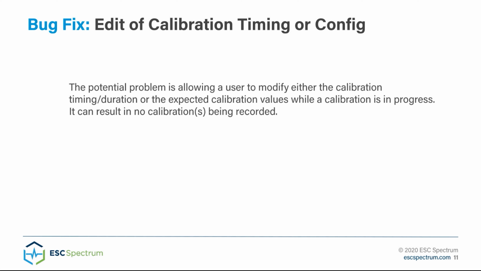And so there's a potential where you will not end up actually recording the calibration because it didn't have enough samples at the end of that calibration to properly record it. So the purpose of this update is to not allow a user to do any changes while a calibration is currently in progress. Next screen, please.